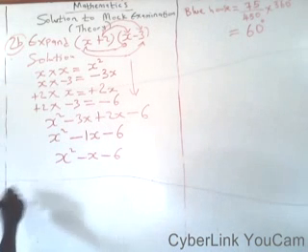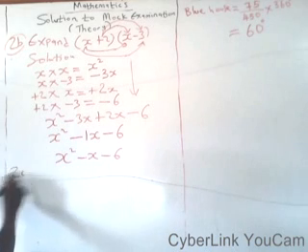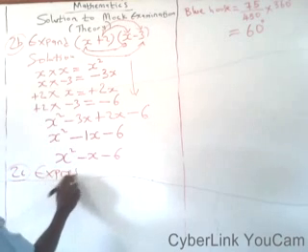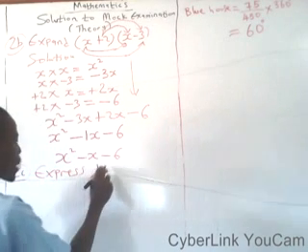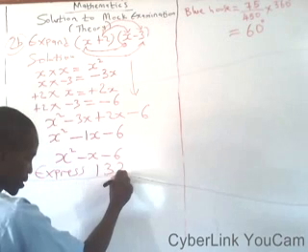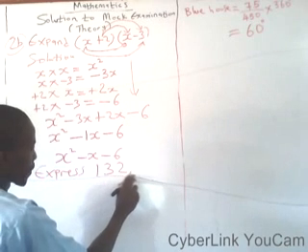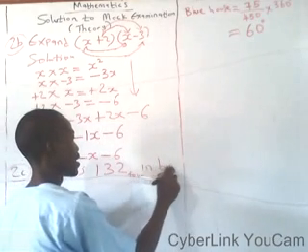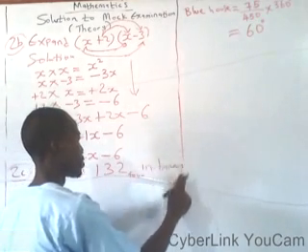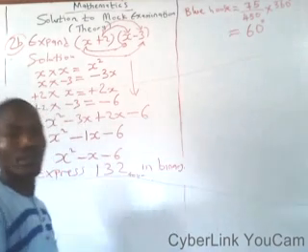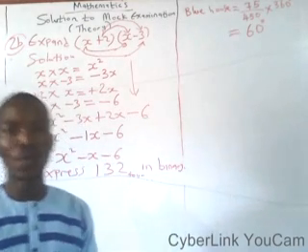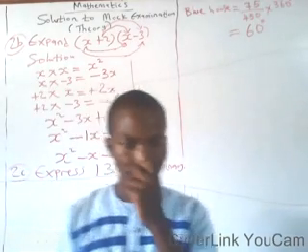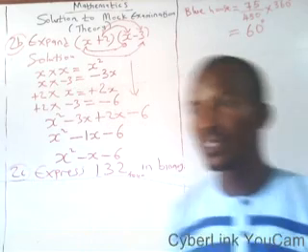This is how the question is written. It says express 132 in base 4 in binary. You have to express 132 in what? Binary. How are we going to solve this?